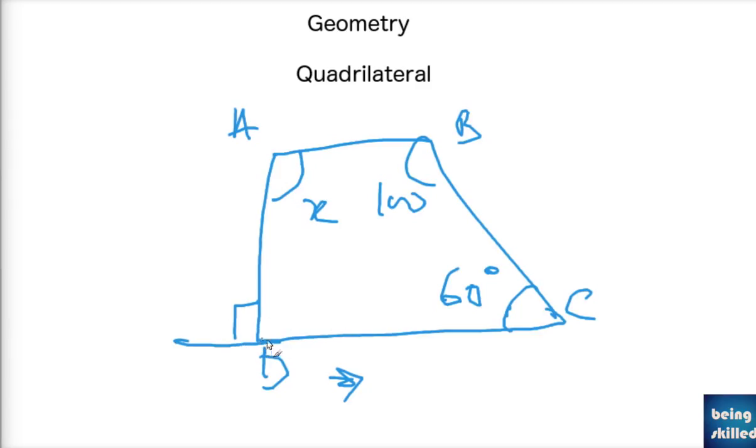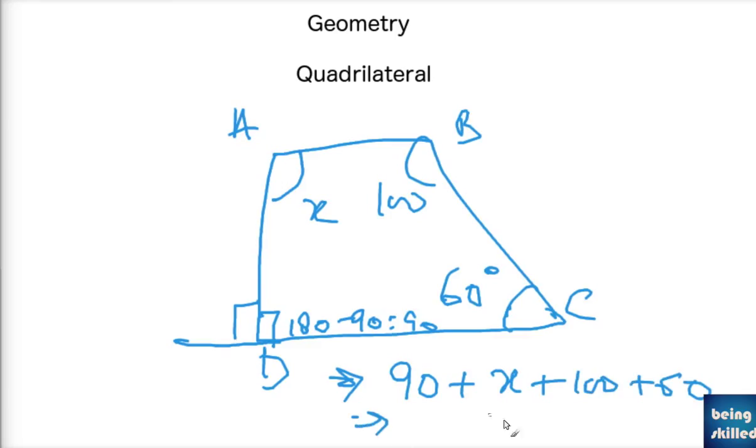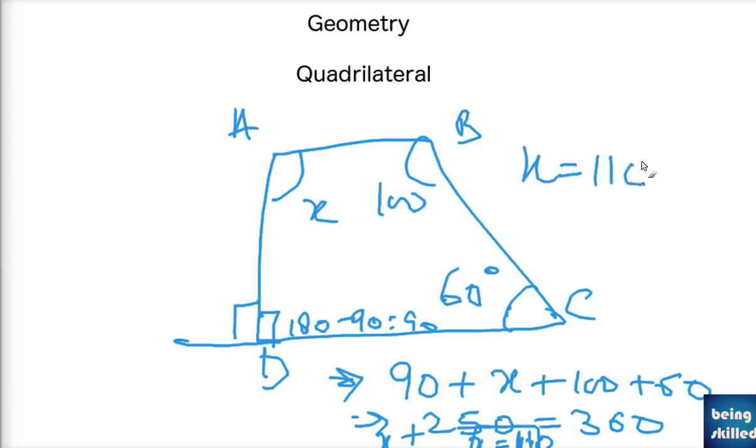So we know that this is 90, because if this is 90, then it is 180 minus 90, which is 90. So 90 plus x plus 100 plus 60, so we get 250 plus x equals 360. x equals 110. This is our answer.